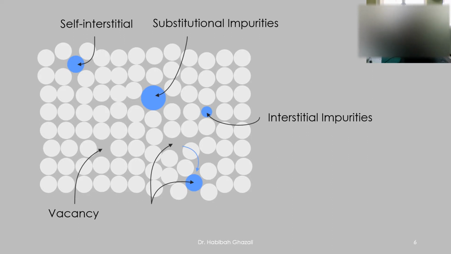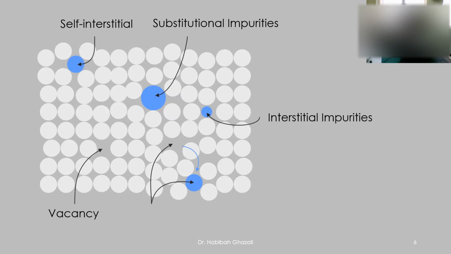Take the example of steel again. If there is an impurity carbon residing in these interstitial spaces, then when we apply force, these atoms can slide one on top of another, but it will be harder for them to move, because now we have impurity atoms residing at these interstitial spaces.